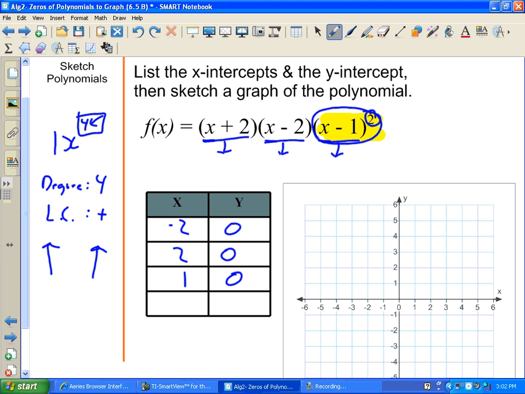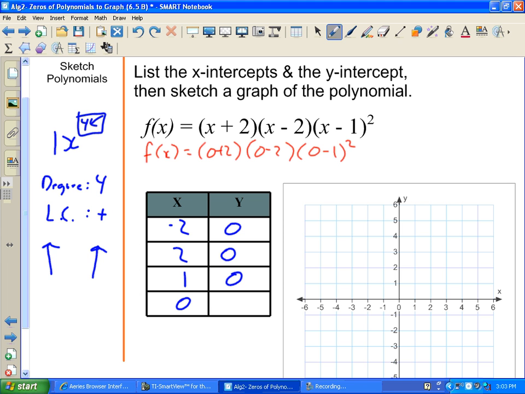Before we talk about that, let's go ahead and get our y-intercept. Our y-intercept is when x is equal to 0. That means f of x will equal 0 plus 2 times 0 minus 2 times 0 minus 1 squared, which is going to be 2 times negative 2 times the quantity of negative 1 squared, which is negative 1 times negative 1, which gives me positive 1.